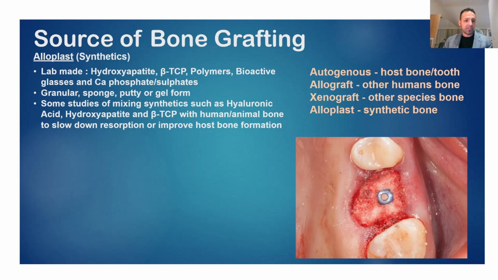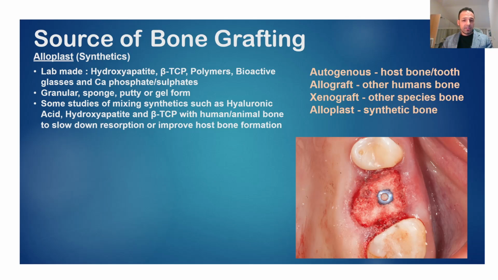Some studies are mixing synthetics, such as hyaluronic acid or hydroxyapatite and beta-TCP, with human and animal bone in the literature. They're usually done to slow down the resorption of the human or animal bone and make it last longer, or to improve host bone formation.